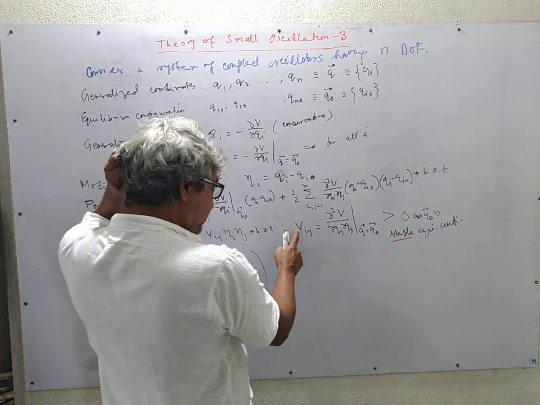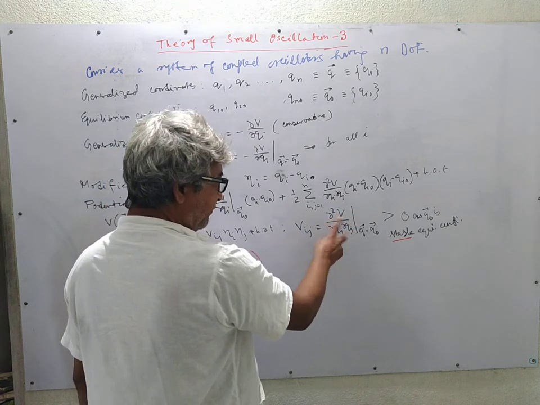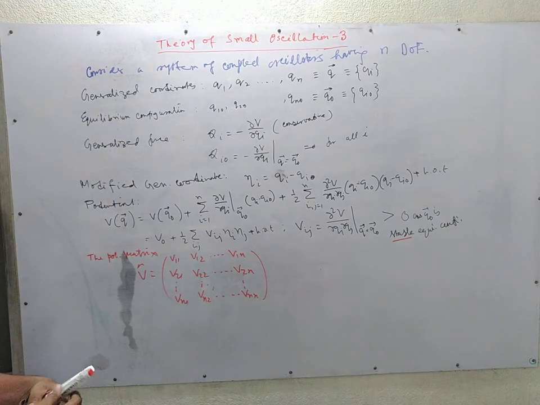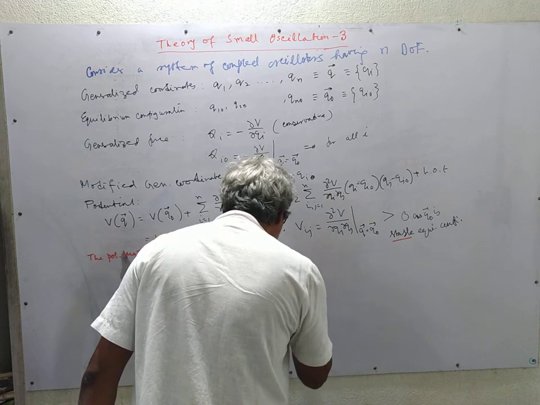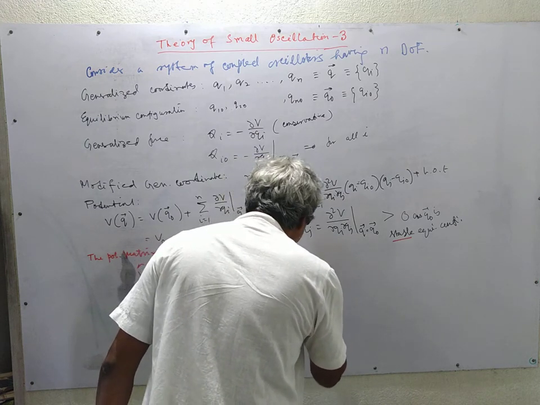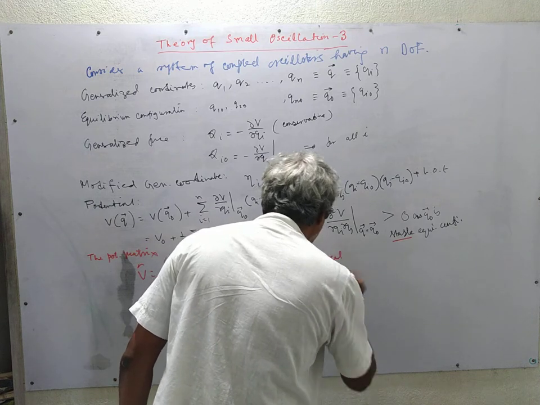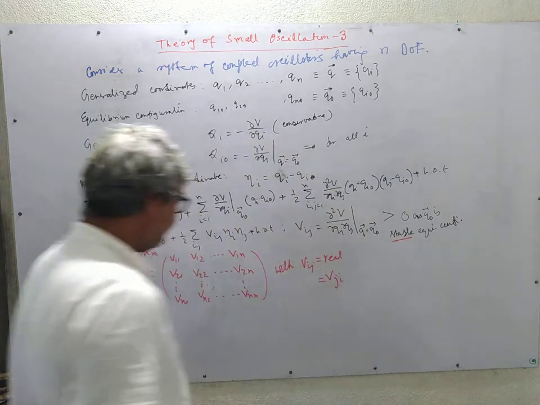Vij, these are real quantities because it is the potential and we have differentiated it with respect to the generalized coordinates. So Vij is equal to real and this is equal to Vji.